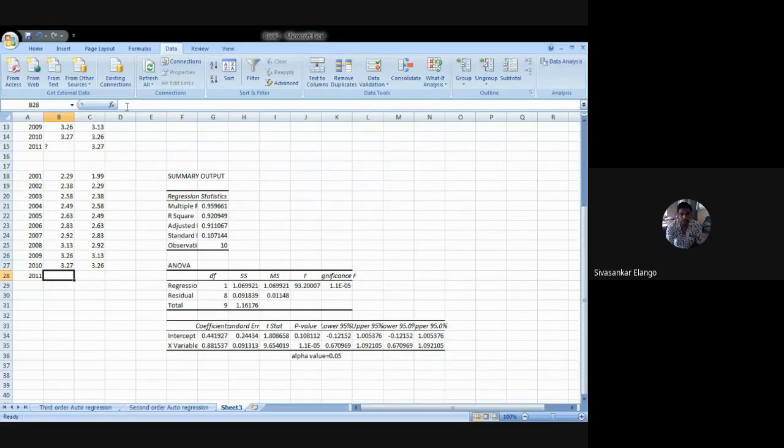So we'll be calculating it using G34 plus G35 star B27. So the predicted sales in million units will be 3.32. So this is how first order autoregression works.